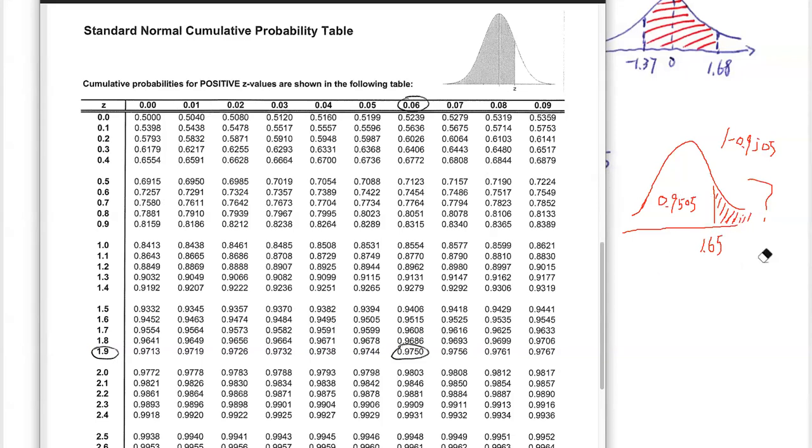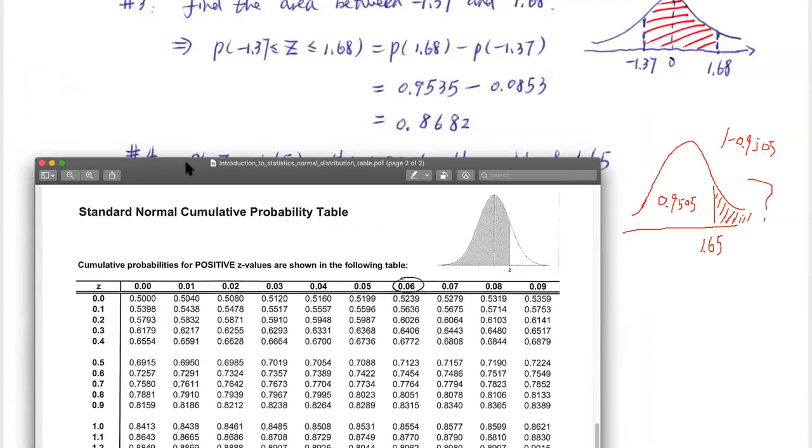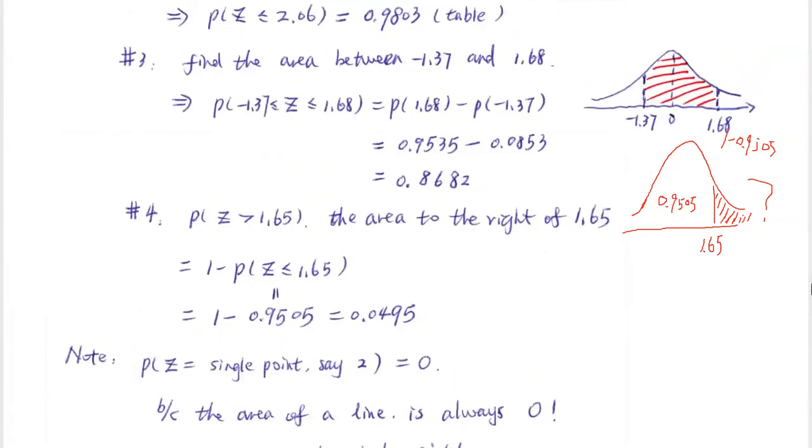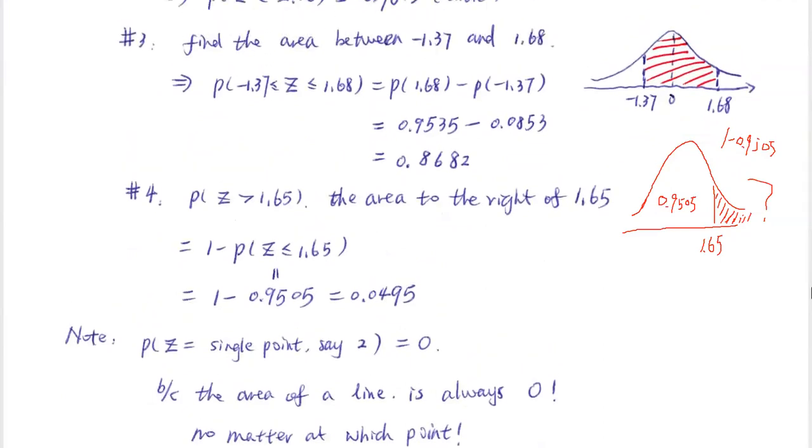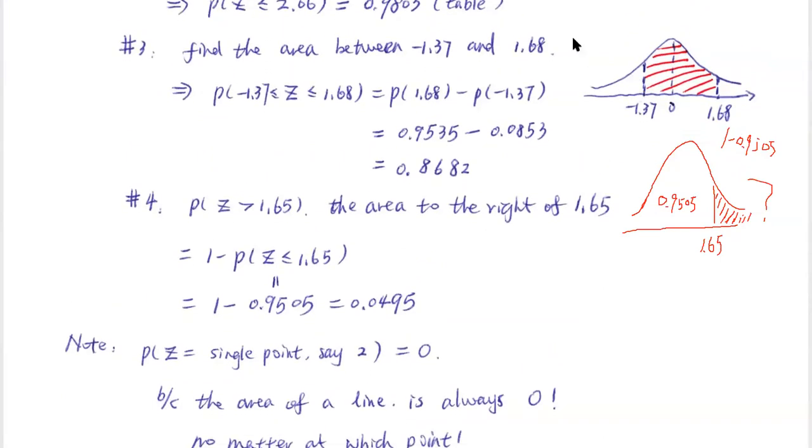Is that clear? Now, there's one more case I want you to understand: what if they're asking for the probability in the middle? Then we are in trouble, right? The probability in the middle, in this case. How do we find the corresponding probability? In example number 3 here, they have 2 data points, negative 1.37 and positive 1.68.